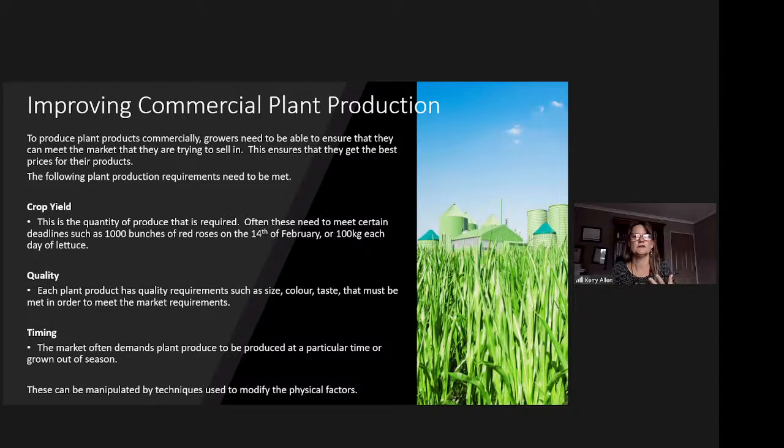And this is yield, so how much is produced, the quality of your crop, so how good it tastes or how the flavor is or what is the color, and also the timing. You're trying to meet particular markets or get them to market in the shortest period of time, or you're trying to grow them out of season. So you're going to be using the techniques that we talked about before, that we're going to be talking about in a moment, to manipulate those factors in order to get good crop yield, good quality, and good timing.